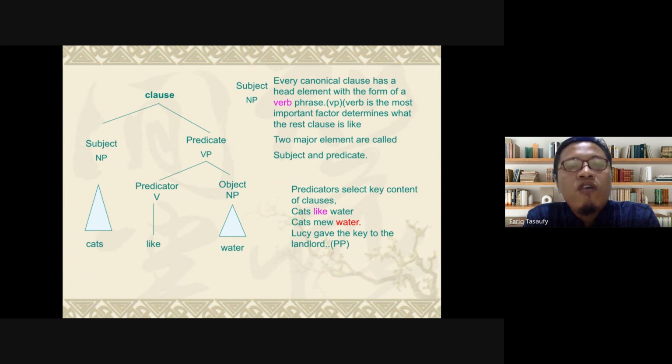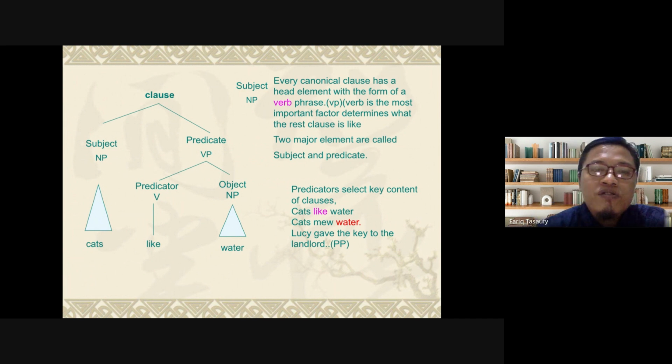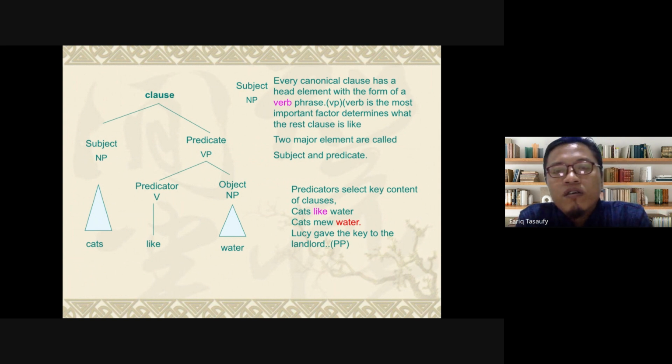It is in the form of a phrase, in which the verb is the most important factor that determines what the rest of the clause is. There are two major elements, like you see on the screen: the subject and the predicate. In syntax terms, they become the noun phrase and the verb phrase, which may constitute with other elements or other units of language.